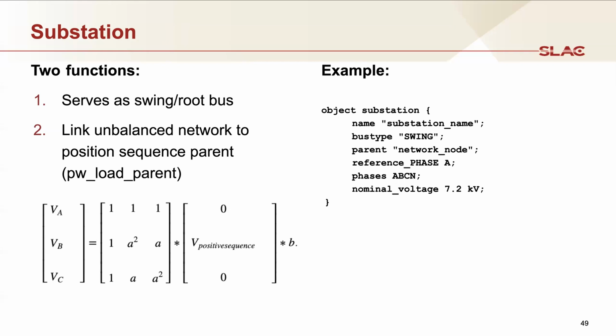So it's really just a matter of performing these conversion calculations to get the positive sequence model. And then those voltages are available for use with other solvers. So that's the basic idea.